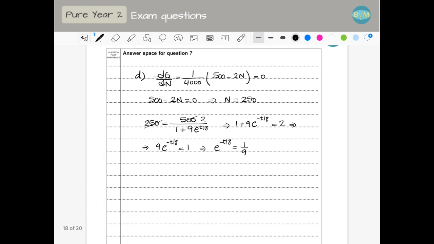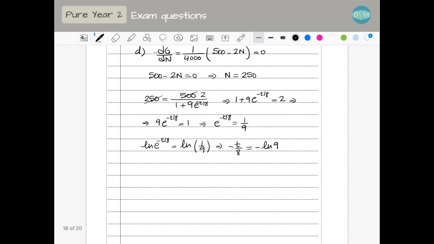And taking logs, we have ln of e to the power of minus t over 8 is going to be ln 1/9. ln of e to the power of minus t over 8 is minus t over 8. And for the same reason as before, ln 1 minus ln 9. So it's going to be minus ln 9, because ln 1 is 0, which means t is 8 ln 9.